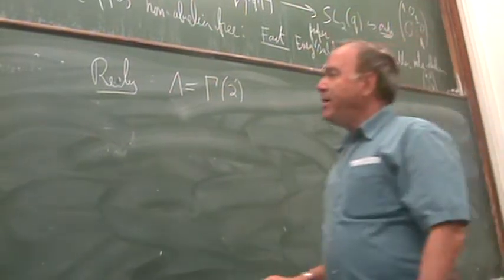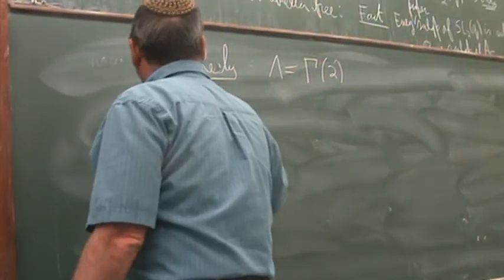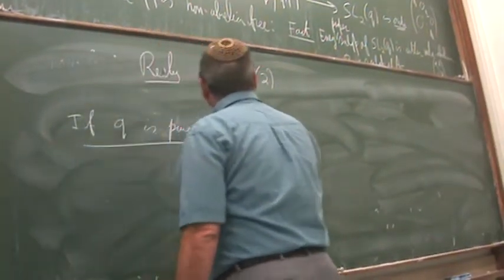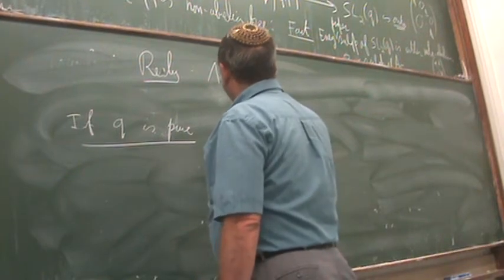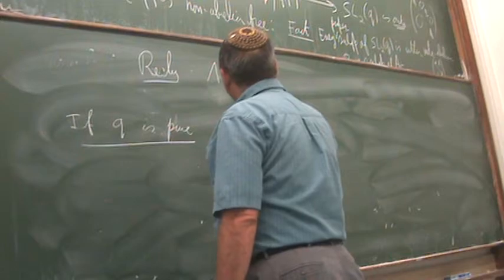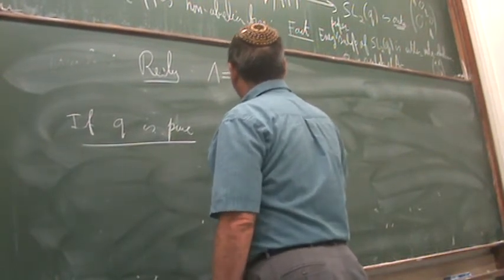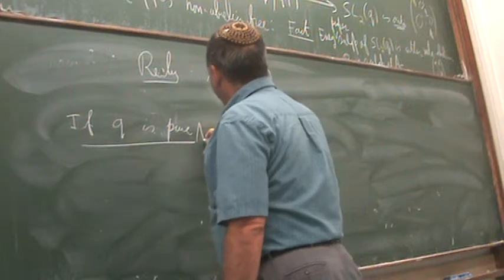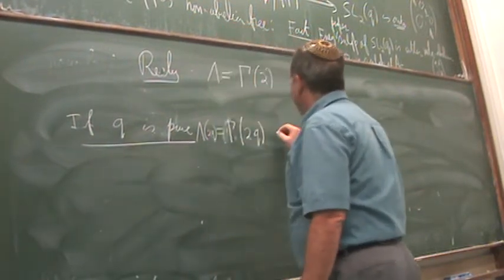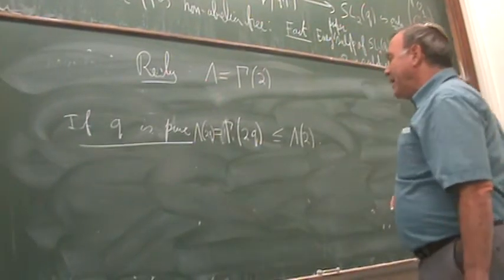And now, if q is, say, a prime, it doesn't matter really, we can look at gamma 2q, which I will also call gamma lambda 2q sometimes, inside gamma 2.